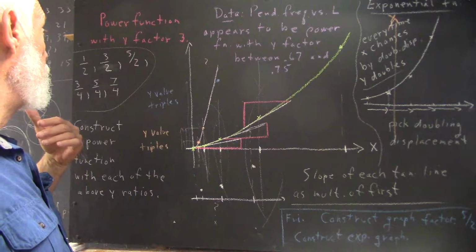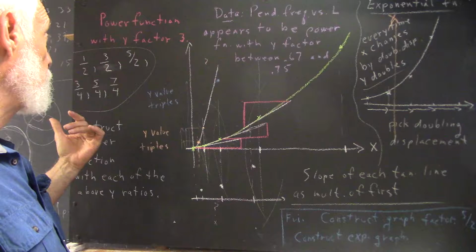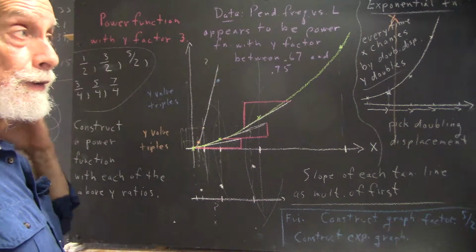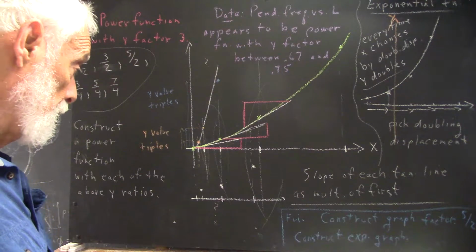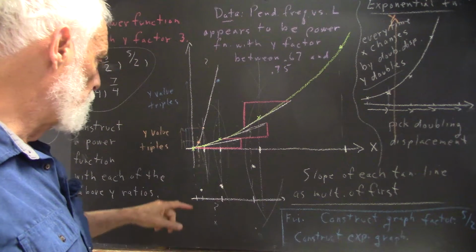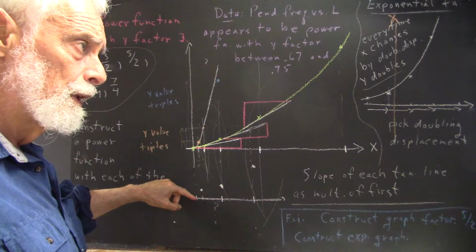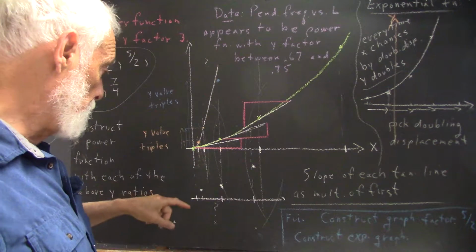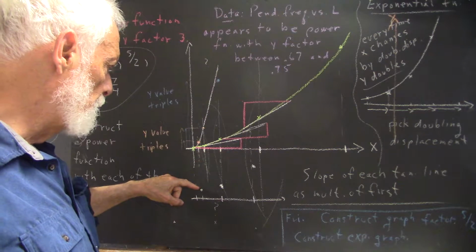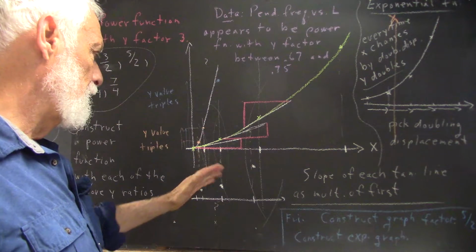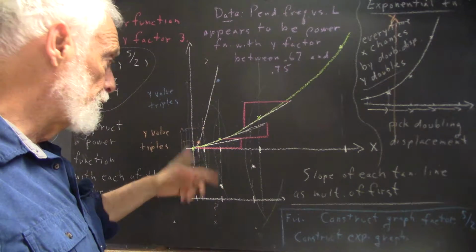Well, I'm sorry, if the y factor is 3, I'm not going to say whether you get an upward or downward concavity. This one seems to indicate upward, but we know that the slope at the origin has to be 0. We haven't actually proven that. So this point appears to be a little bit out of place. And it's not clear, maybe this point's the one that's out of place.